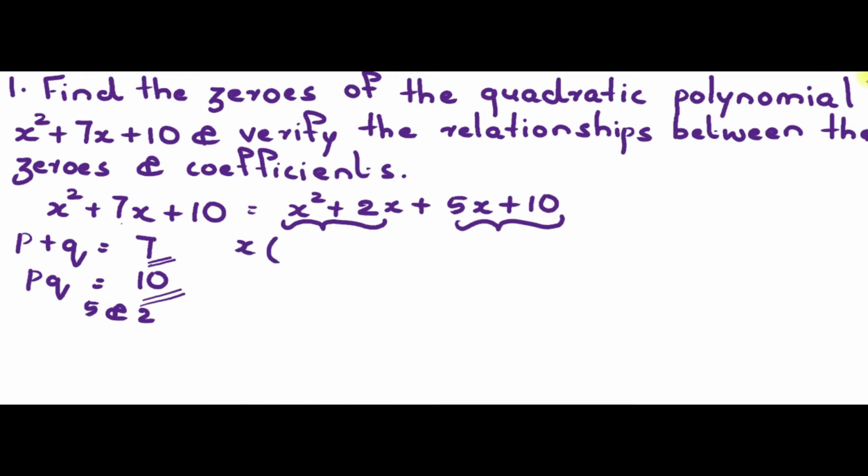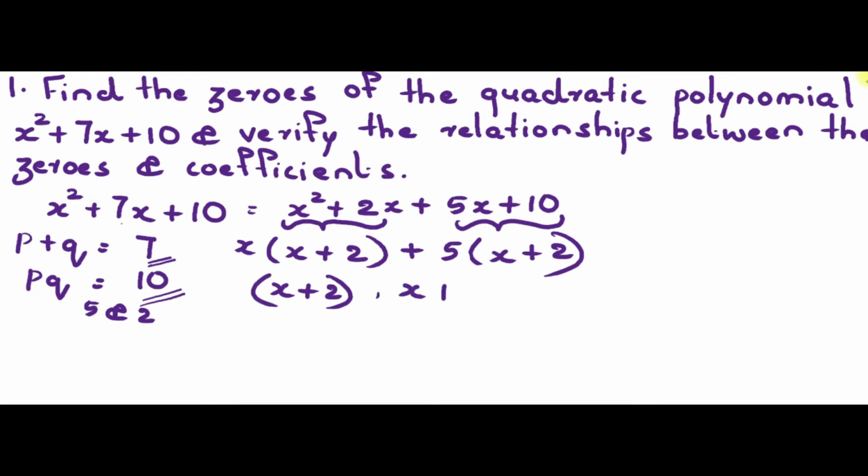Here x is common. So, x plus 2, plus here 5 is common. So, 5 times x plus 2. So, here x plus 2 is common, another factor is x plus 5. So, you got two factors x plus 2 and x plus 5.